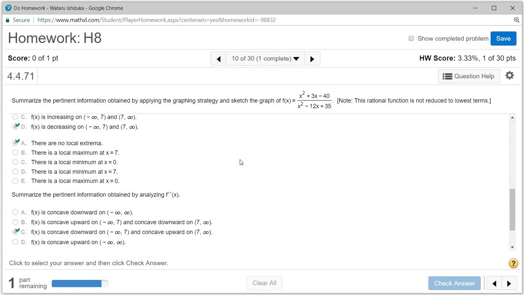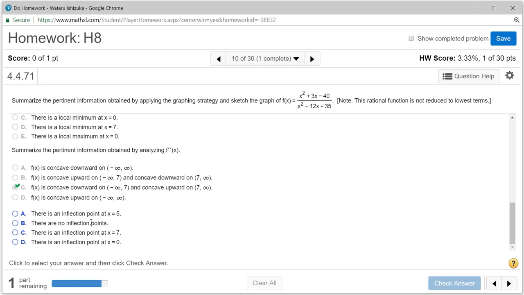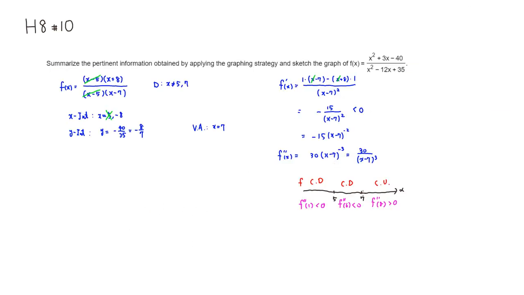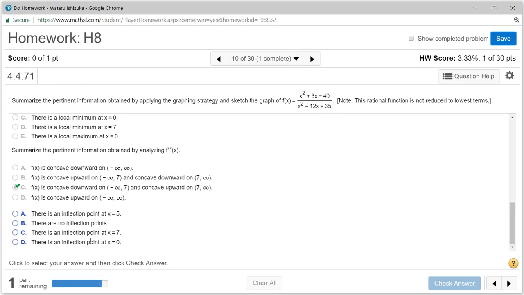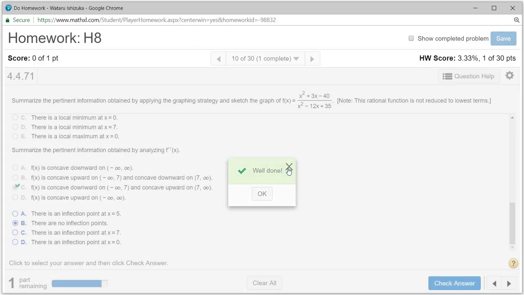We got that. And is there an inflection point? Concavity changes at 7, but remember that there's a vertical asymptote there, so there's no inflection point. So there are no inflection points. Check the answer. We got that.